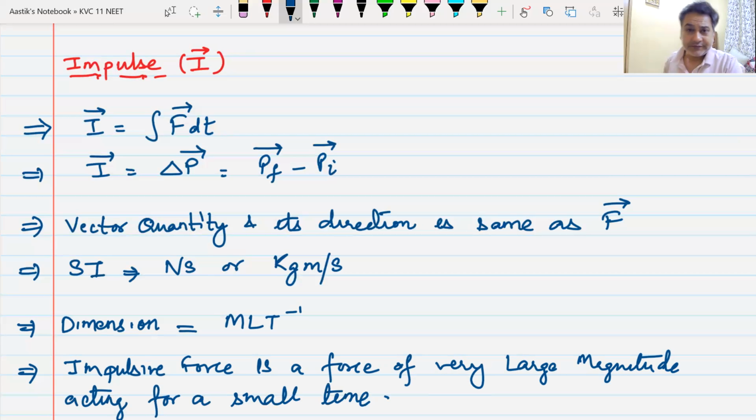You have just seen the ball hitting the bat. The force was acting for a very short time. It was a large force, 480 newtons, very large, but acting for a very small time. Such forces are known as impulsive forces. Do we understand this?